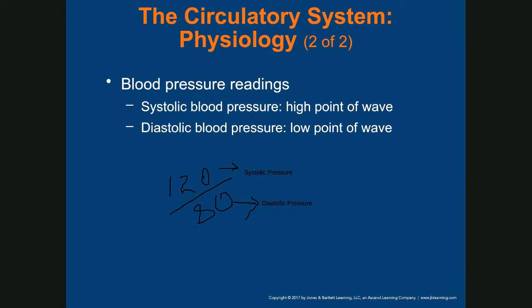Now, you might come across the term preload and afterload pressures. So you may see preload and afterload. So let me explain what that is. The preload pressure is a pressure that is created when the ventricle expands.